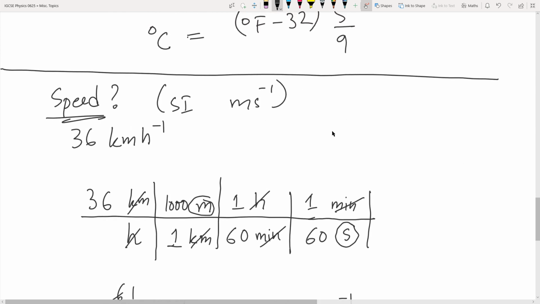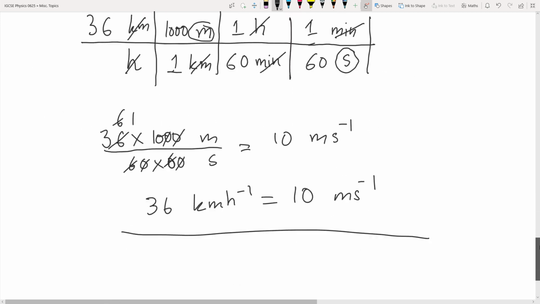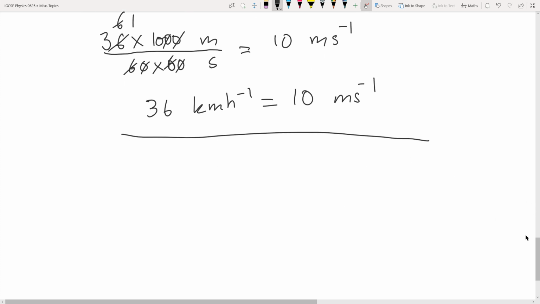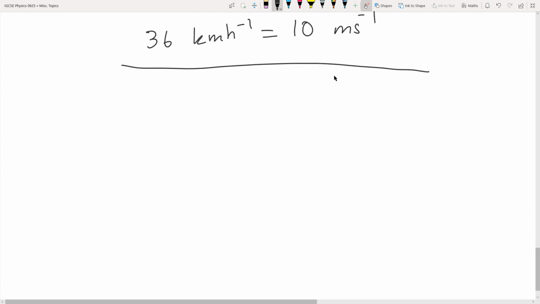So you can convert it into SI units using this kind of conversion table process. If you still need some clarity, let's do another example for speed, because I think this is a method which is rarely taught in classrooms. It's a very unique method of converting units, but as I said, it's a foolproof method. Let's just say we want to convert meter per second into kilometers per hour, right?